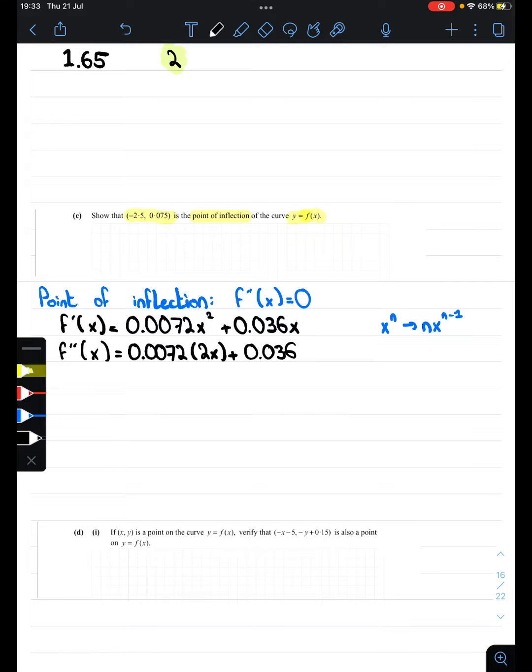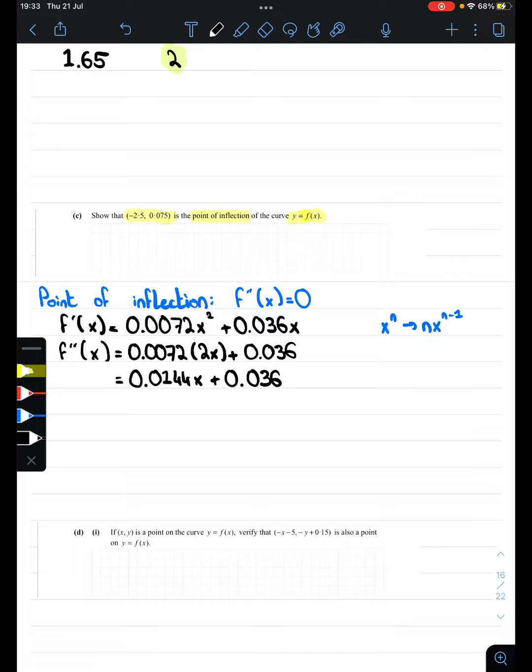So this just gives us 0.0144x + 0.036. And now it's saying show that that point is a point of inflection.